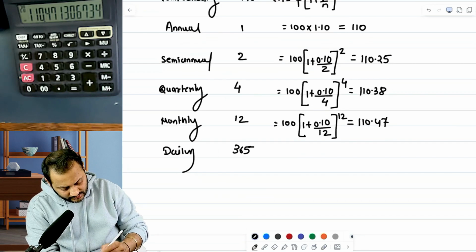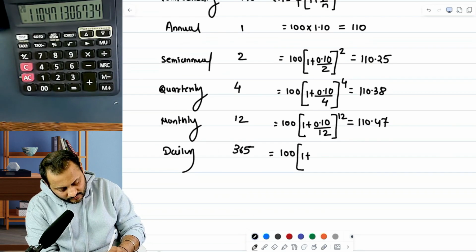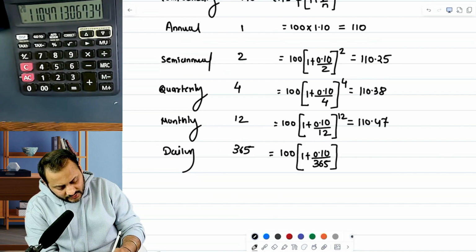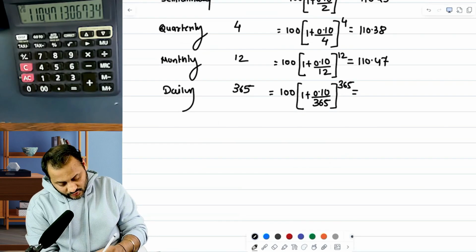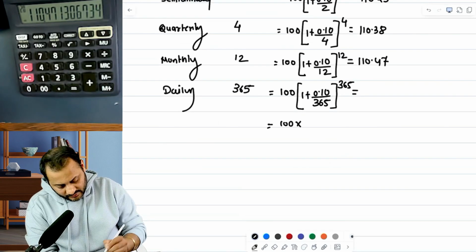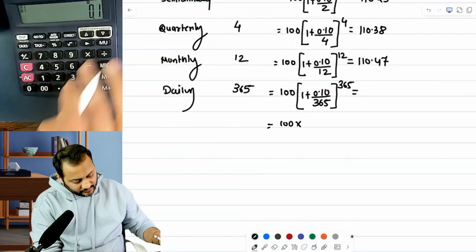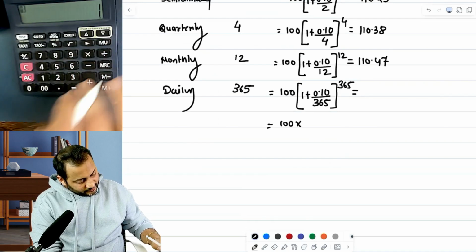Are you getting it? Now 100 in bracket 1 plus 0.10 divided by 365 to the power 365. If we solve it, it will look like this. 100 multiplied by 0.10 divided by 365 plus 1.